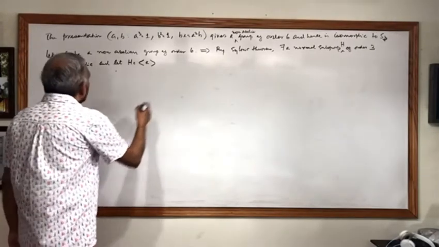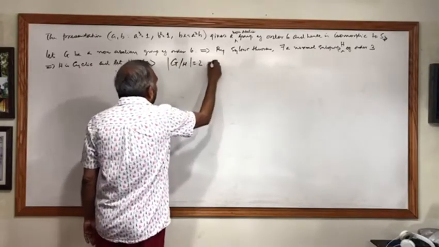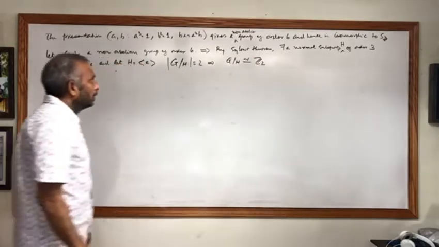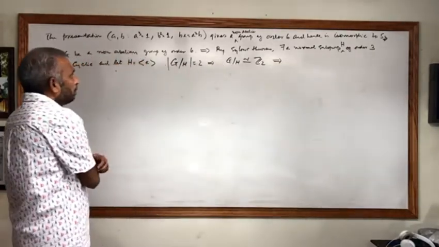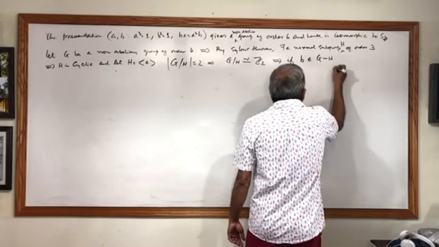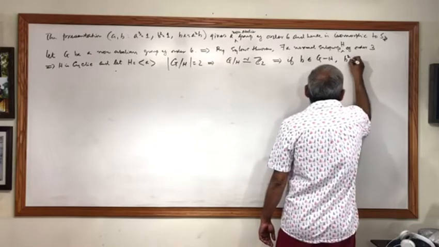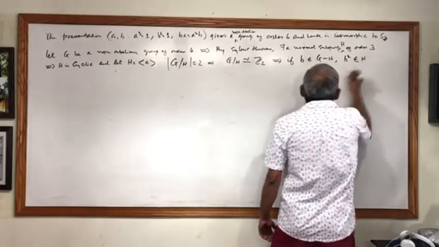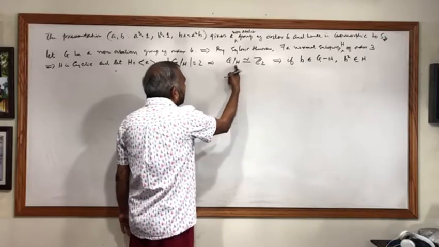That implies H is cyclic. So the order of G over H is 2, which implies G over H is isomorphic to Z2. And that implies if b belongs to G minus H, meaning it is outside H, then b square belongs to H, because the order of G over H is 2.